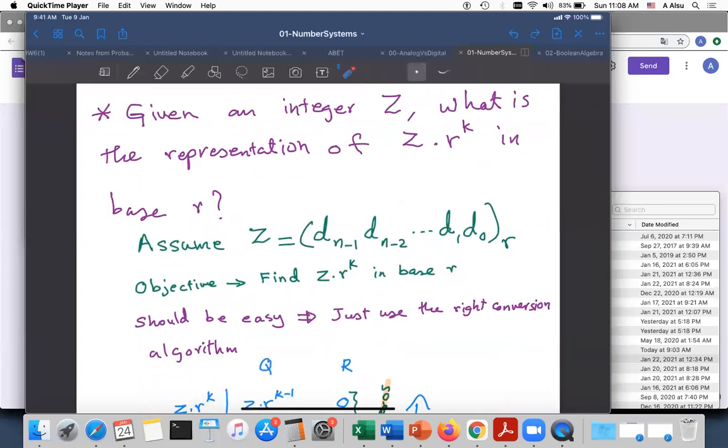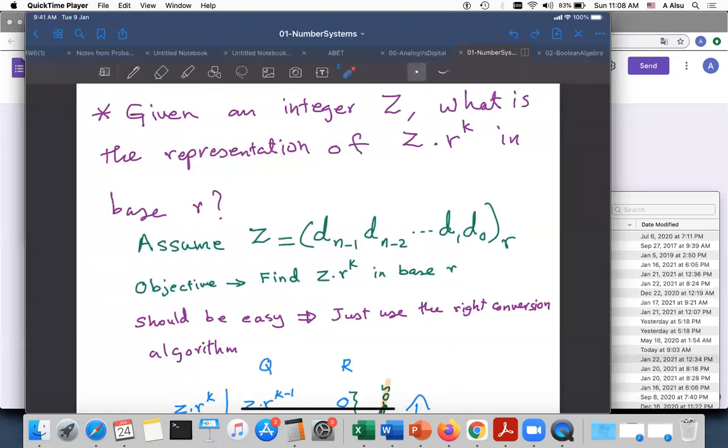So who can suggest something to do here? What is the right conversion algorithm here? We are converting from decimal, and we would like to convert to R. So the right conversion algorithm is integer decimal to base R, which means successive divisions and collecting remainders.